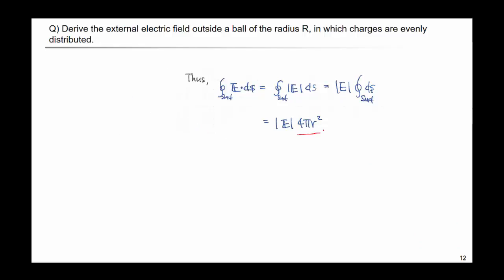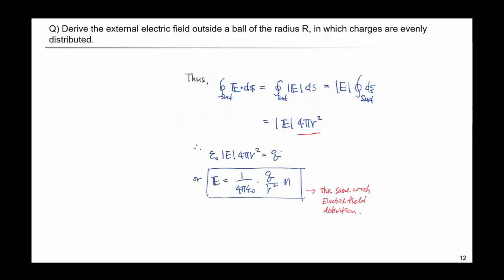That's 4 pi r squared, right? So if you put it into that equation, the electric field is 1 over 4 pi epsilon 0 times q over r squared times the unit vector n. This is exactly the same equation that we defined for the electric field.